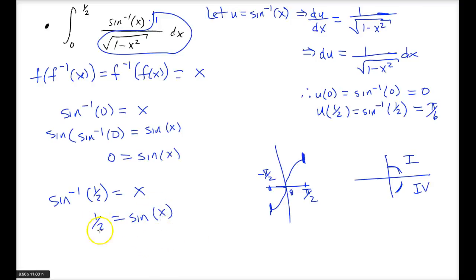And of course, since sine is positive, we know that we're working in quadrant 1. So if this is 1 here, that would be like 1/2 on the y-axis here, which would map to some point here, which would map down in here.